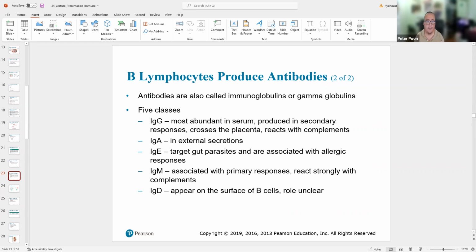By the way, the mnemonic is MDs give everybody aspirin. M, D, G, E, A. You should know what each of them is actually for.